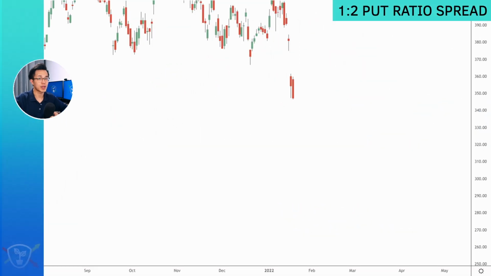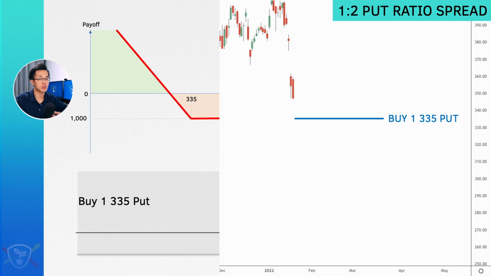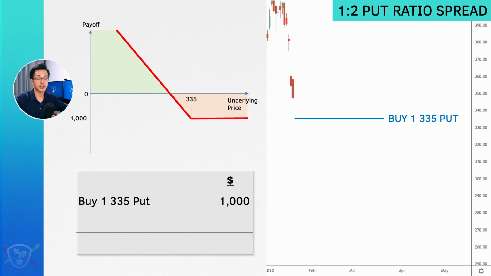For this example, let's say I want to execute a 1:2 put ratio spread. So I will buy one put option, maybe with the strike price of $335 with 2 months to expiration. To buy this contract, that will cost me $1,000.